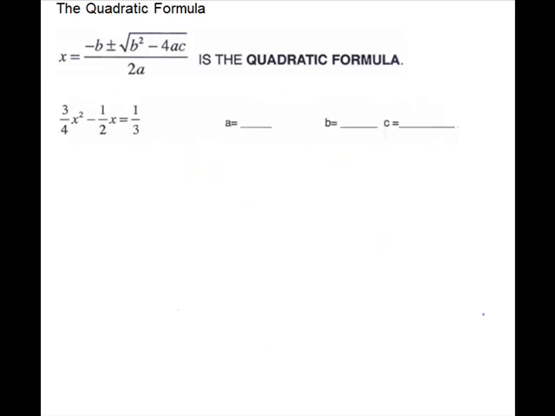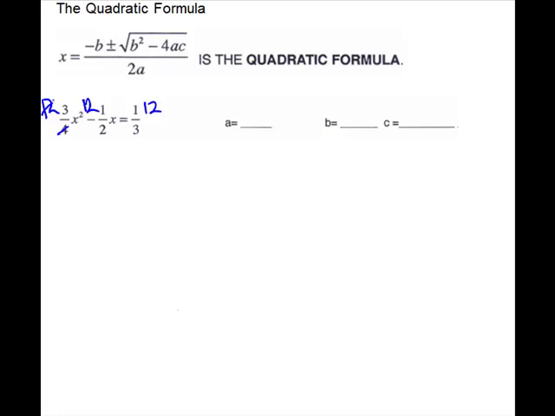We have one more equation. This one also has some fractions, so we're going to get rid of those fractions. Pick out your common denominator for 4, 2, and 3. It looks like a 12 to me. So we're going to multiply everything by 12. Remember, you use it on the top. And we're going to clear those out.